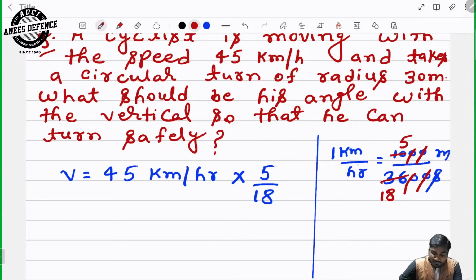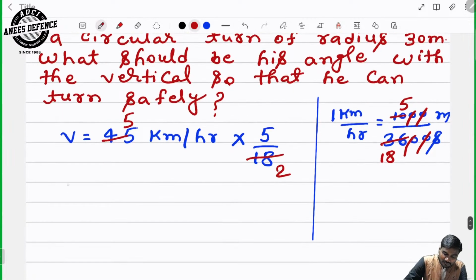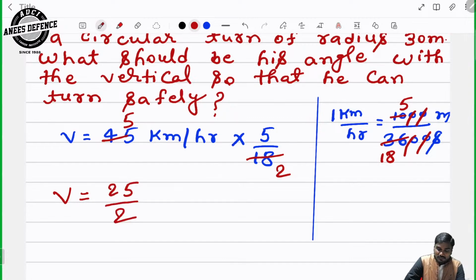If you want to convert kilometer per hour into meter per second, multiply that data by 5 upon 18. So that's why I have multiplied by 5 upon 18. Yes or no? 9 twos are 18 and 9 fives are 45. Is it clear? So v is equal to what? 5 fives are 25. So 25 by 2. Yes or no? Unit is meter per second.